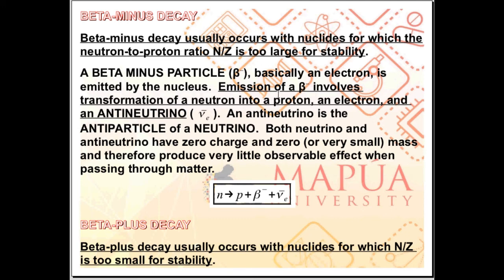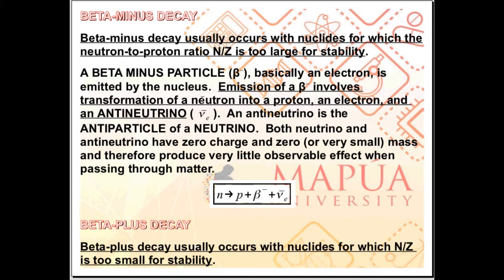Emission of a beta minus particle involves transformation of a neutron into a proton and an electron. So, emission of an electron by a nucleus, but a nucleus is comprised only of protons and neutrons. There are no electrons in the nucleus.